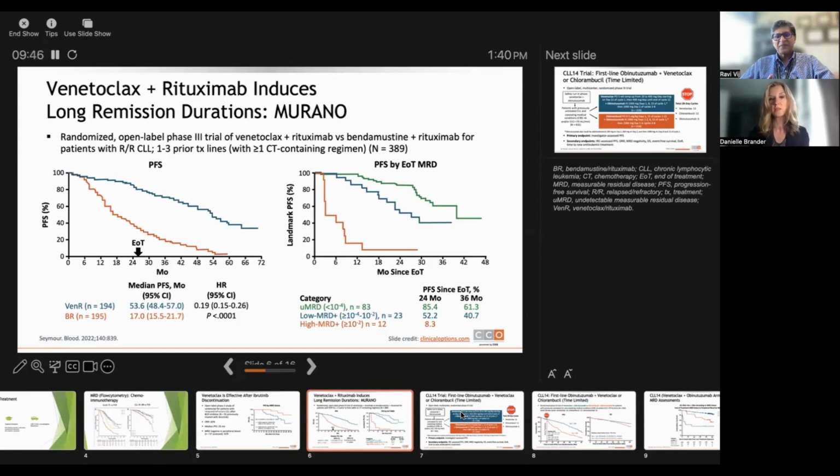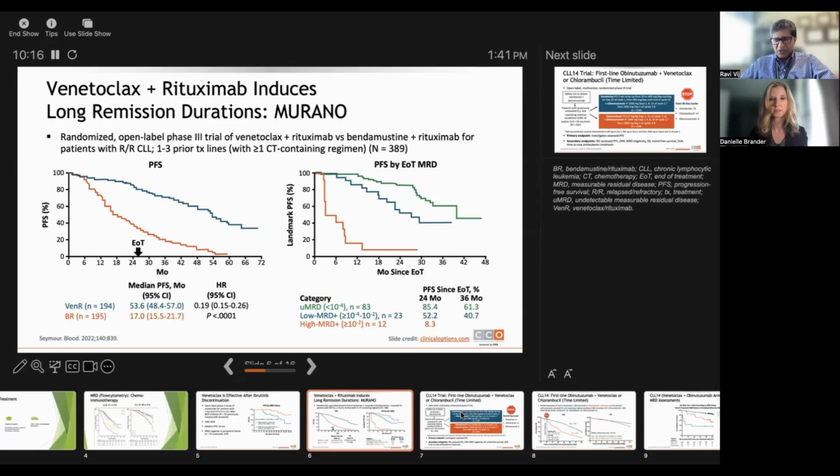And as you can see in the relapse refractory setting, those patients had a much longer PFS than those patients that ended the 2 years with a high, greater than 10 to the minus second detectable disease. So I think it really just confirms that if patients are treated for 2 years, they still have residual measurable disease after venetoclax. Again, thinking ahead that those patients are going to have a shorter PFS.